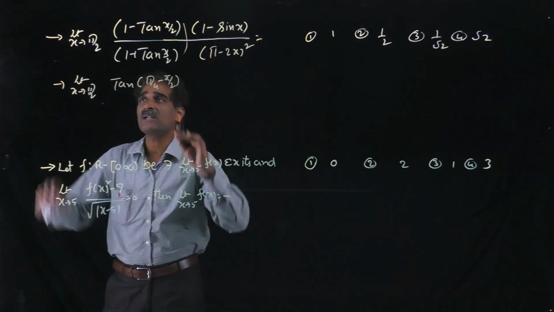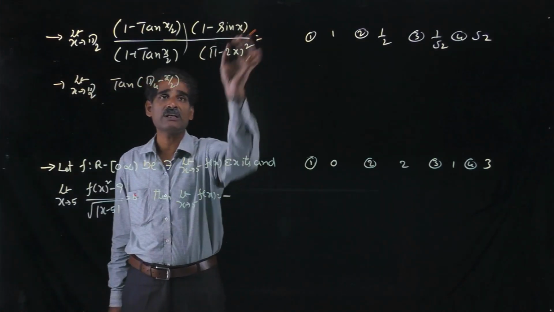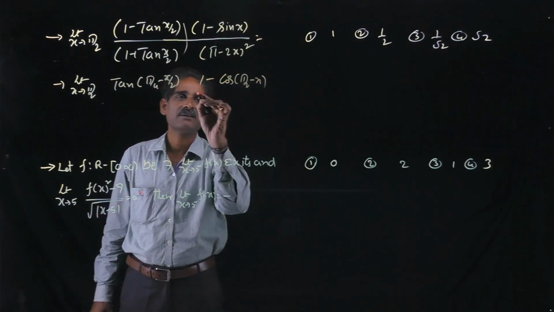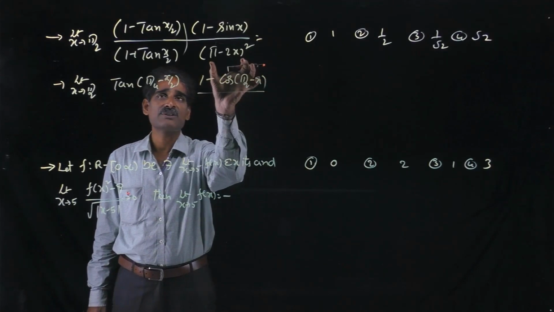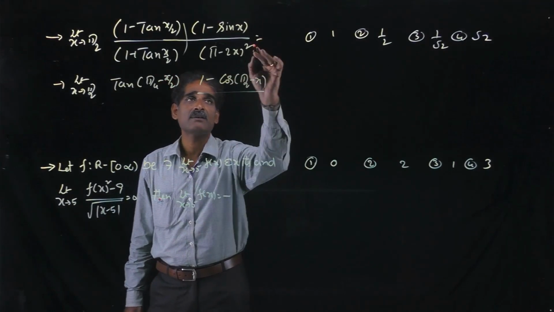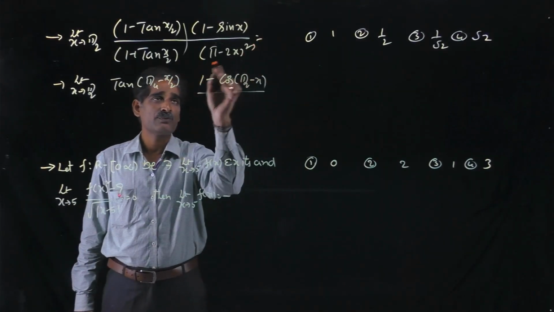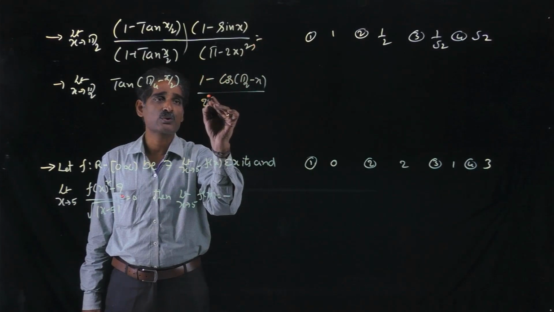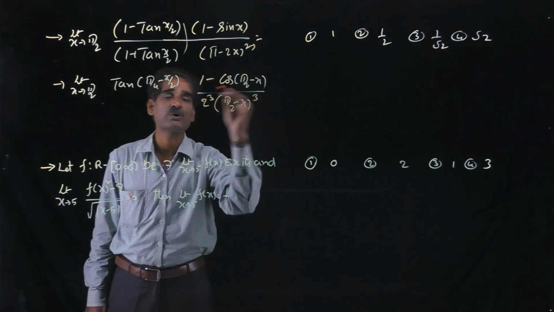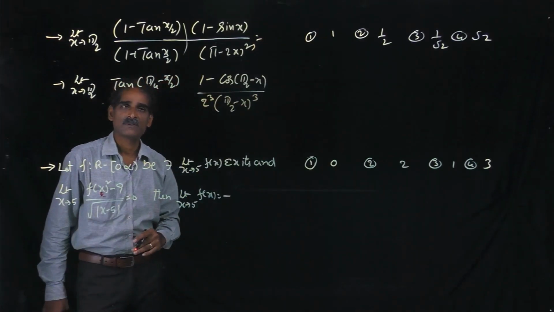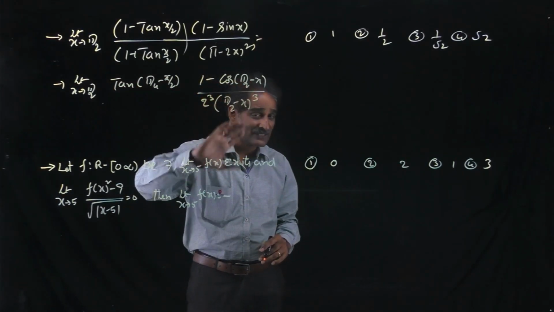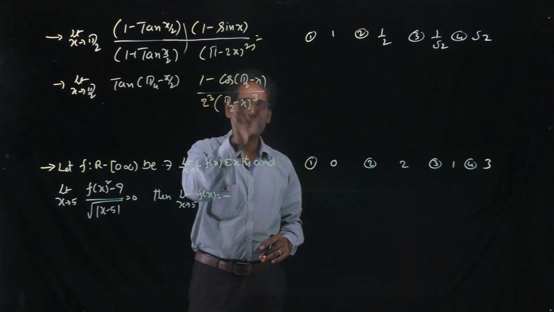And at the same time, limit x tends to pi by 2 is there. Here we can write 1 minus cos of (90 minus x). By 2 common, then what will happen? Cube is there. So now if you take 2 common, then we'll get 2 cube into (pi by 2 minus x) whole cube. Understand? So now just observe that 1 minus cos theta by theta square is there. There is a formula: 1 minus cos theta, theta cube is there.